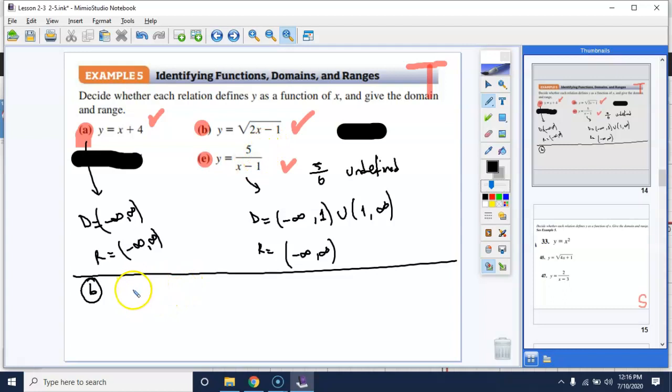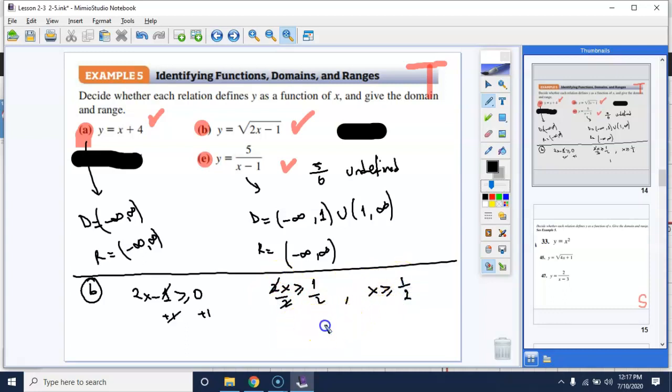So we should say that 2x minus 1 always should be bigger than or equal to 0, because it cannot be a negative number, it makes it undefined, right? So I'm going to do plus 1 here, so 2x is bigger than or equal to 1, divide both sides by 2, so x should be bigger than or equal to 1/2.